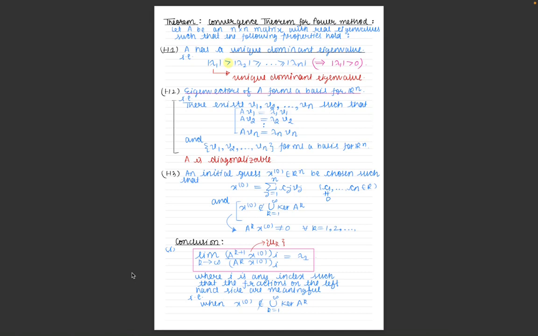From the definition of xk plus 1, we must have x superscript k plus 1 equal to m_{k+1} A to the power k plus 1 x naught, where this m_{k+1} is actually (mu 1, mu 2, ..., mu k plus 1) inverse.